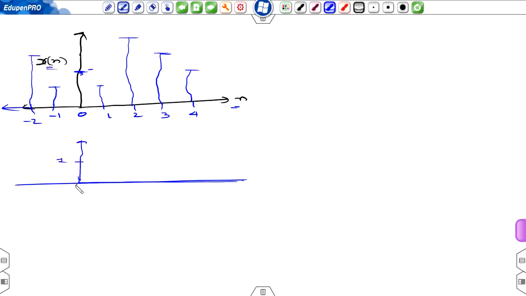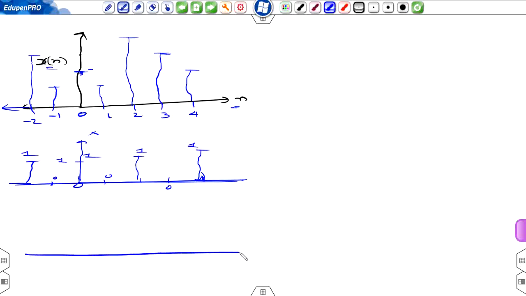This is 1, at 1 the value is 0, at 2 the value is 1, at 3 the value is 0, at 4 the value is 1, at -1 the value is 0, and at -2 the value is 1. So x[n] multiplied by this time series, magnitude is 1, and the resultant signal will be y[n].